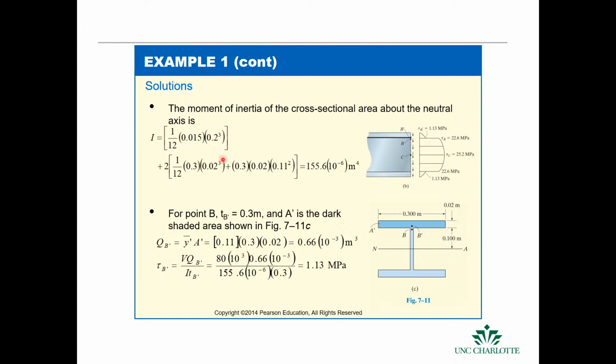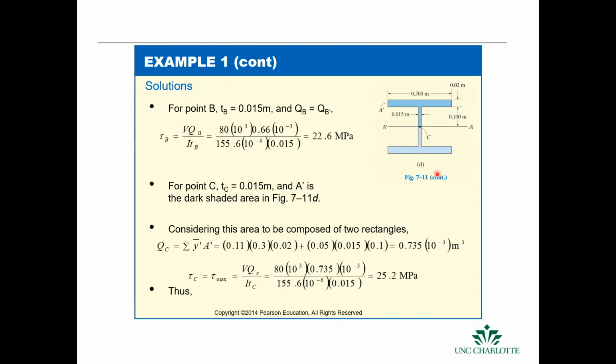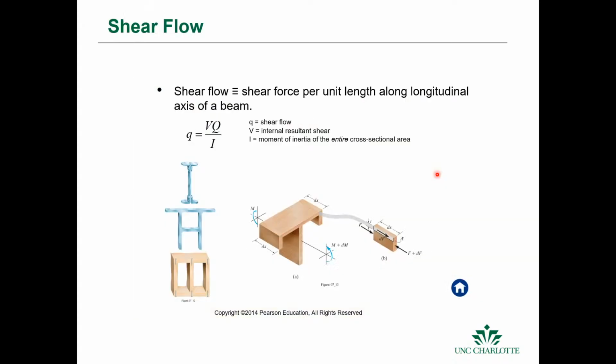Okay, so what we can do is take the shear stress at different points, points C, B, and B prime, and then calculate the shear distribution at those points. And you can see here that the shear jumps at the transitions between these flanges, and that the max shear is in the middle. Okay, so this just goes through the rest of the calculation.